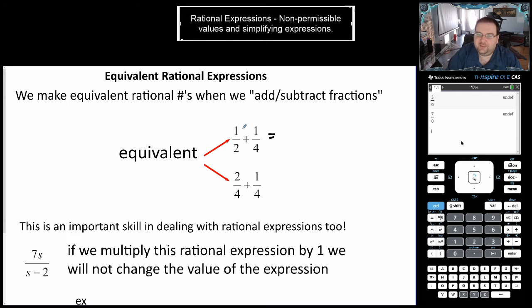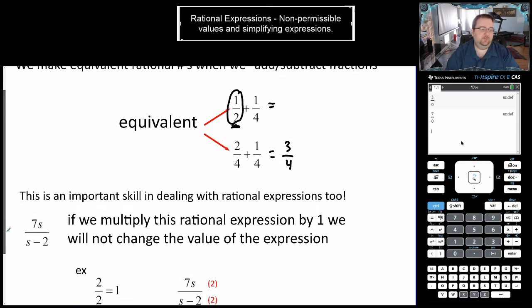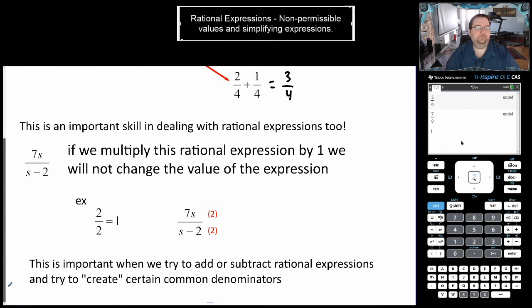In order to add it together, it's a lot easier to change this 1/2 so that it has a denominator of 4. And so if you think of 1/2 as being 2/4 instead, because they're the same thing, now you can very easily add them together. That's 3/4. So this is going to come in handy, right?